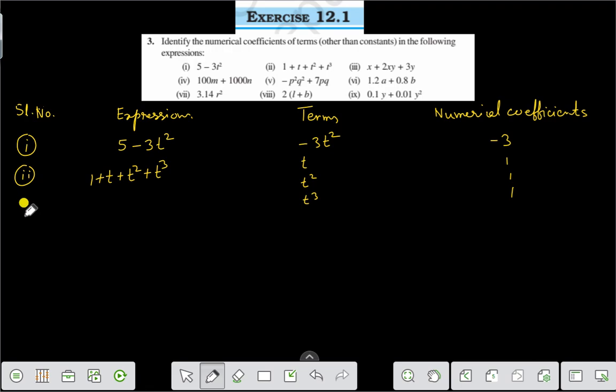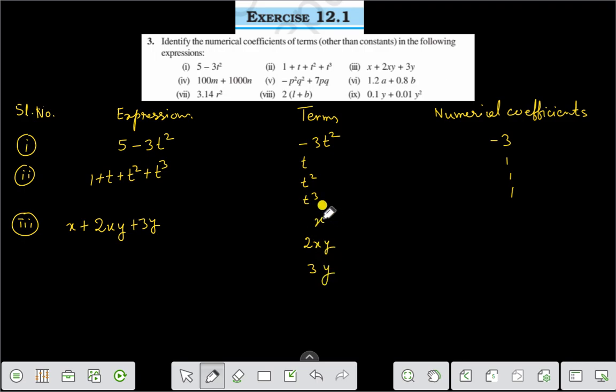Now question number 3. The expression is x plus 2xy plus 3y. The various terms are x, 2xy, and 3y. There are 3 terms.